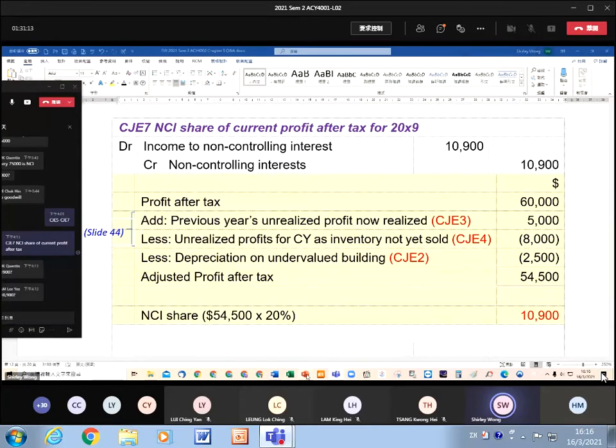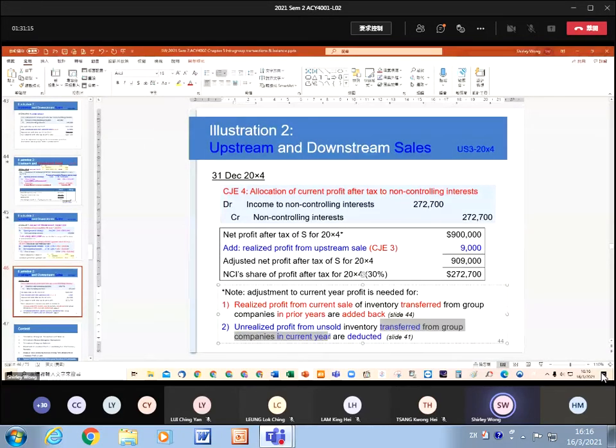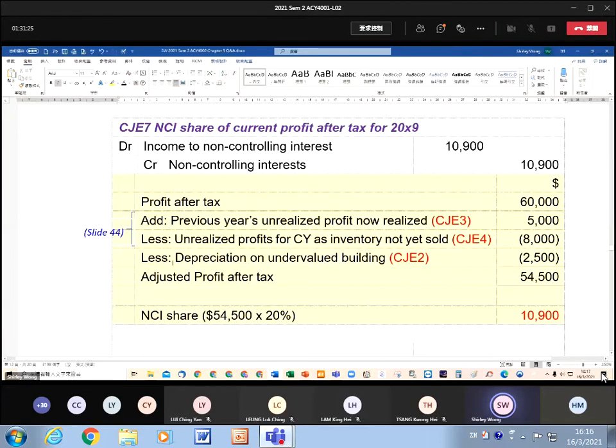And how about the current year? If the inventory is transferred in the current year, but you have not yet sold it, for those unsold parts, there is unrealized profit, and the unrealized profit you need to deduct. So for those not yet sold, it becomes unrealized profit, and then you need to minus it.